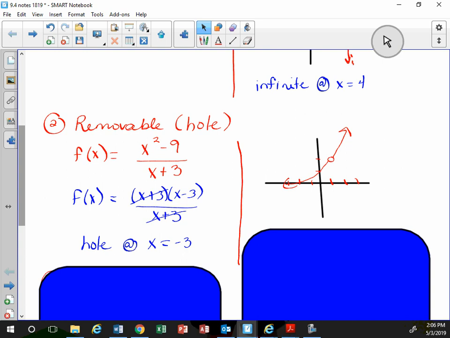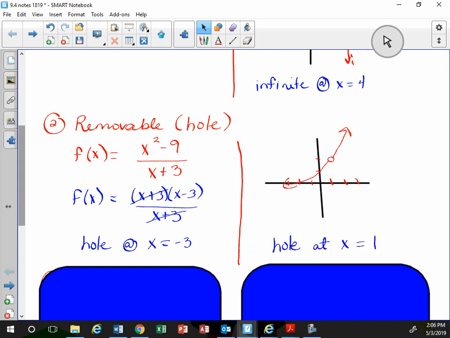The only thing you're going to have to write equations for in this unit are those piecewise graphs like we've been doing, but not for discontinuity. Discontinuity is just going to be name it and where it is. Okay. So guys, what would you tell me for this one? There you go. Hole at x equals 1. Easy? So far, so good?